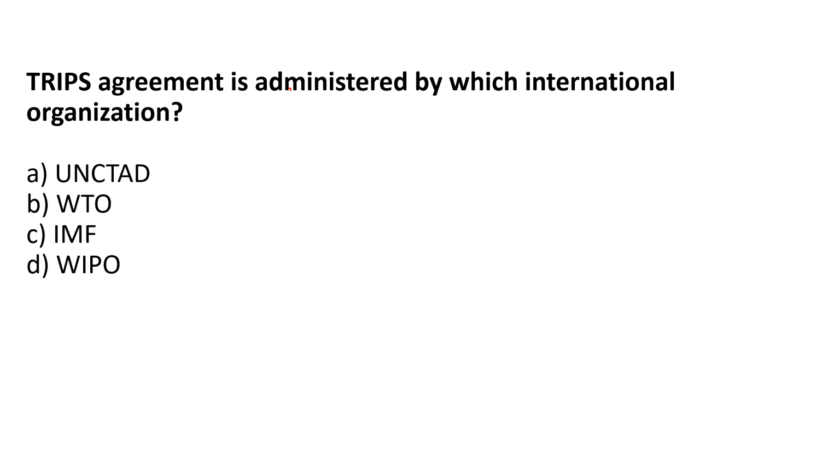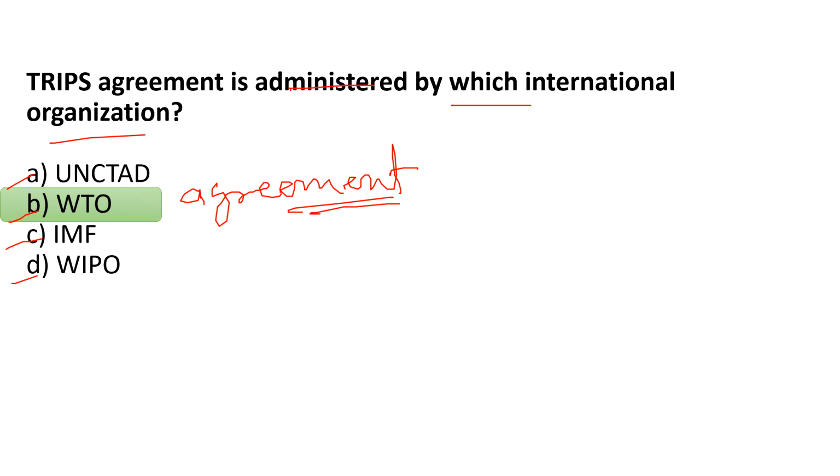The TRIPS agreement is administered by which international organization? UNCTAD, WTO, IMF, or WIPO? It is related to the WTO. We are already studying the WTO agreements. In the WTO agreements we have TRIPS, GATT, GATS, AOA as well.